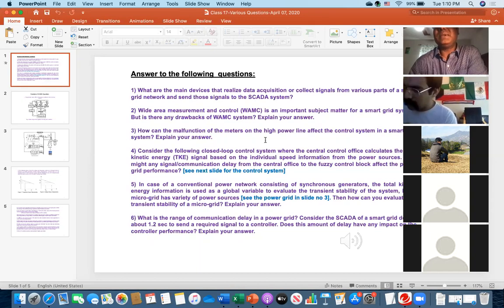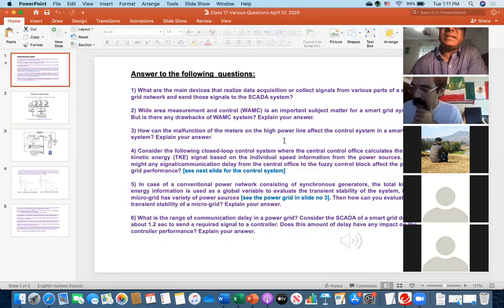But it's the high power line. High power line means voltage is 115 kV, 161 kV, up to 1000 kilovolt. So therefore, you can't use the traditional voltmeter and ammeter which are available in your laboratory. That's why you need a transformer. To measure the high voltage, it is called the potential transformer.